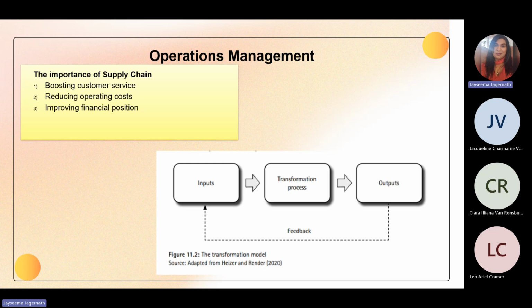If you put in good quality stuff and people know how to handle it and turn it into something, you're going to get a good quality product out. If you put in low quality stuff, you're going to get low quality stuff out. If you put in good quality raw materials, but your employees don't know how to make something, you're going to get a bad quality product out.